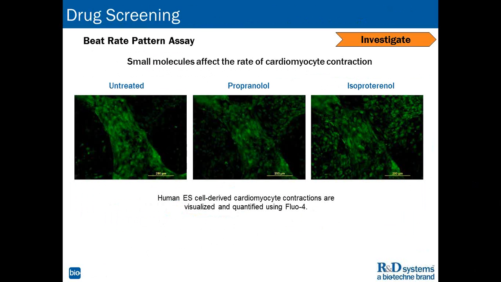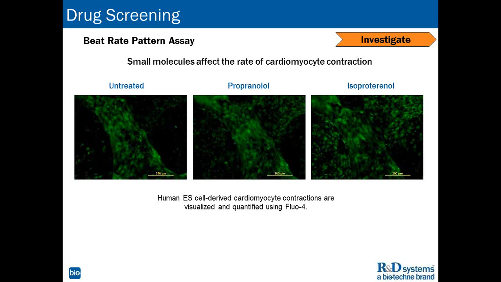In addition to just looking at viability, there's a variety of other factors that can be used to look at and assess possible disease mechanisms. One of which, shown here, is looking at calcium imaging in cardiomyocytes, where you can assess contraction rates.